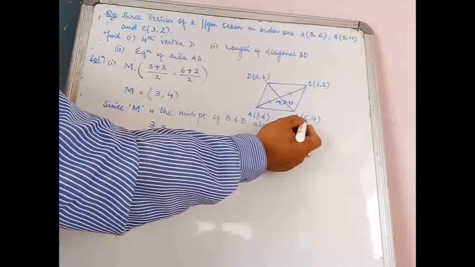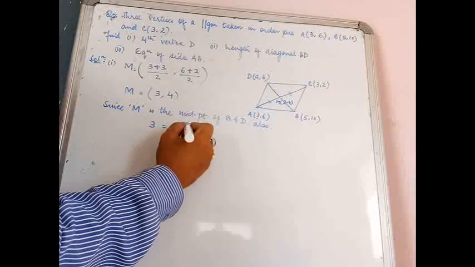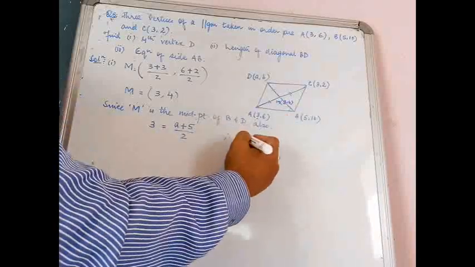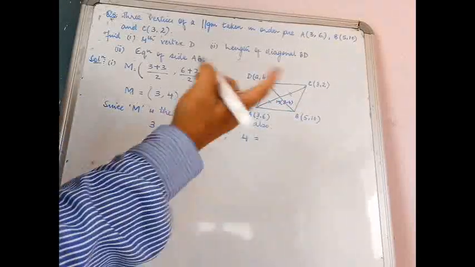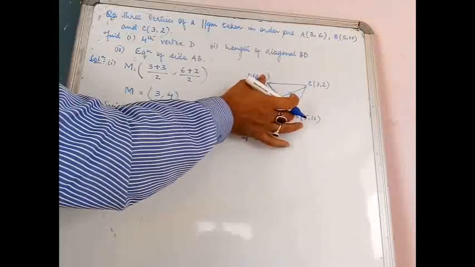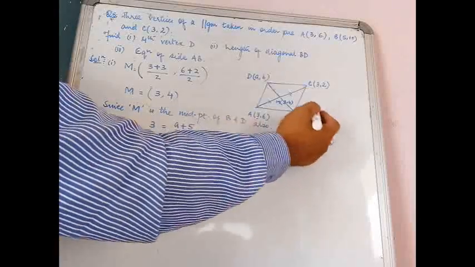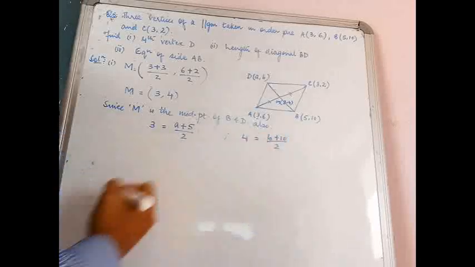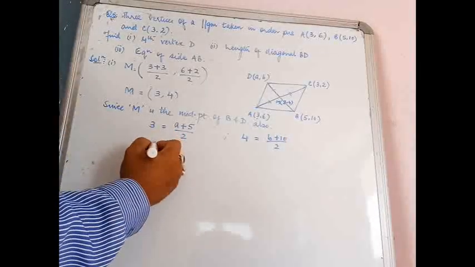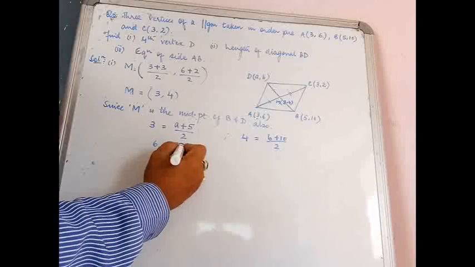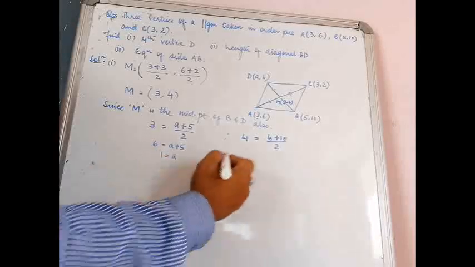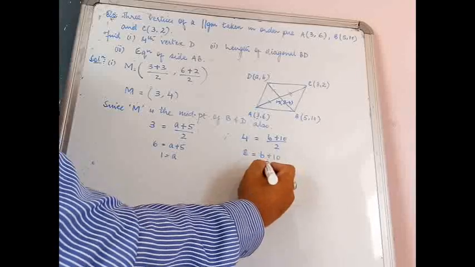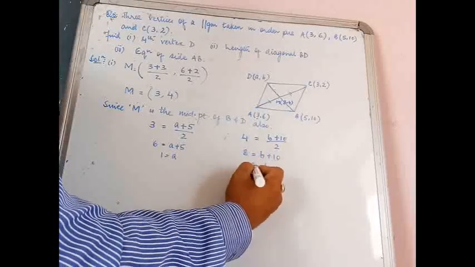So 5 plus A, you have A plus 5 by 2, and similarly the y coordinate, which is 4, is also going to be found out with the help of the midpoint formula for these two. So B plus 10 by 2. So 2 3s are 6 is equal to A plus 5, so A becomes 1. Similarly over here, B plus 10, so B becomes minus 2.